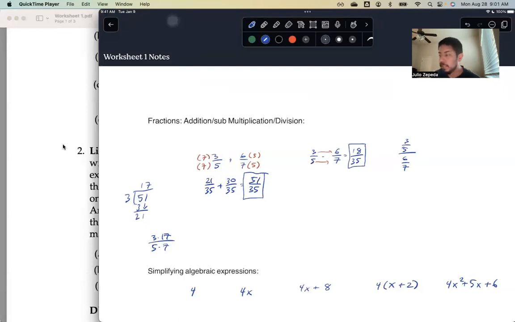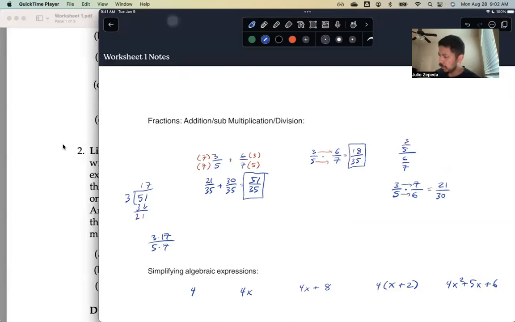Division of fractions. We take our first fraction, 3/5, and then we multiply by the reciprocal of the second fraction. So we were dividing by 6/7. That means we need to multiply by 7/6. Okay, so then we multiply across and we get, well, now the division problem has become multiplication by the reciprocal. So I can multiply just the numerators to get 21, multiply denominators to get 30.